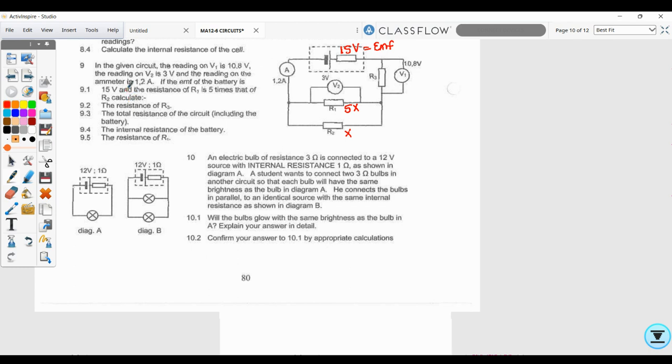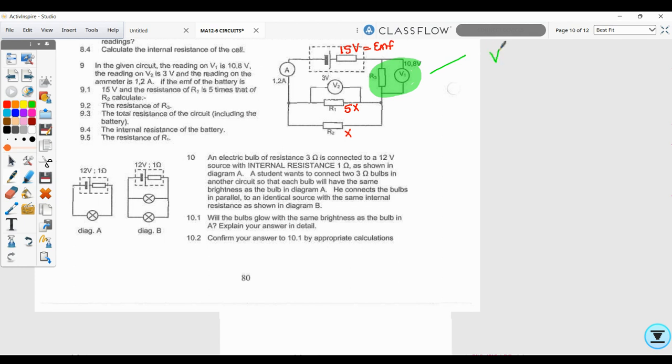Now, the numbering is a bit weird. I'm assuming they want the resistance of R3. So for R3, always think, what works for R3? Write down everything that works for R3.